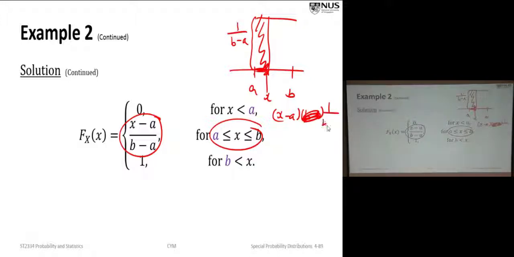My mistake, the height is 1 over b minus a. So you multiply, and this is the area: x minus a over b minus a.